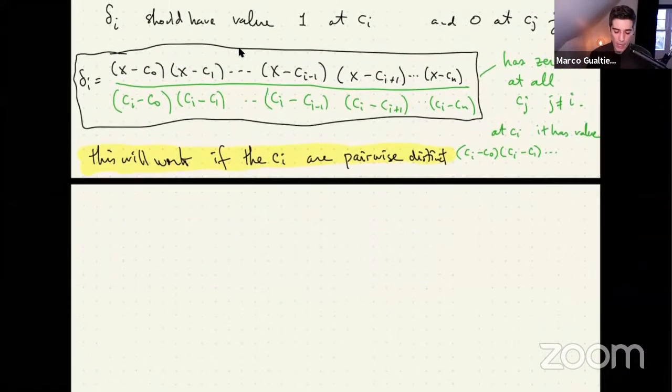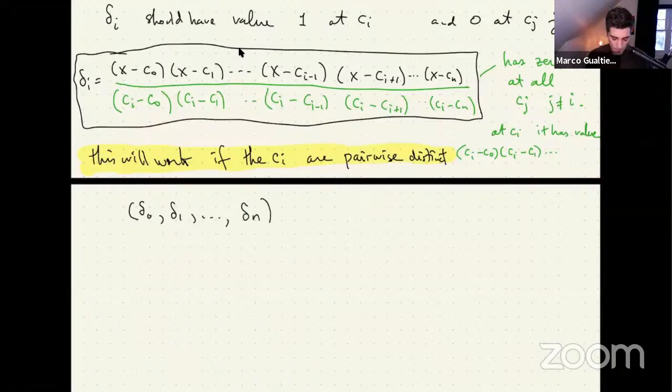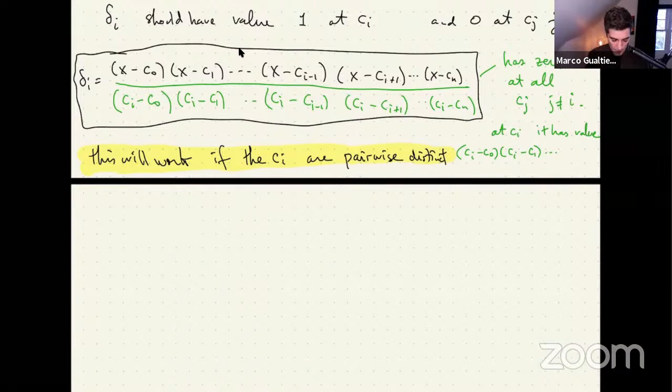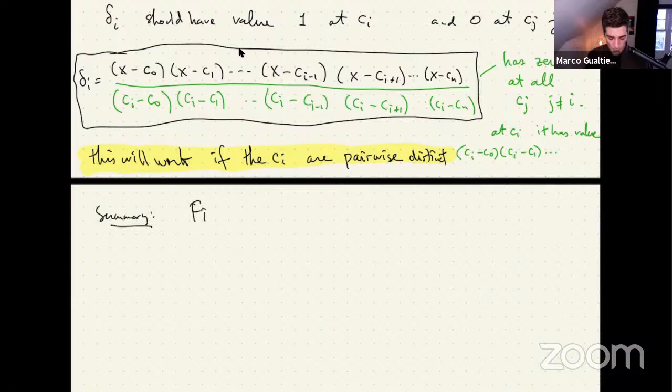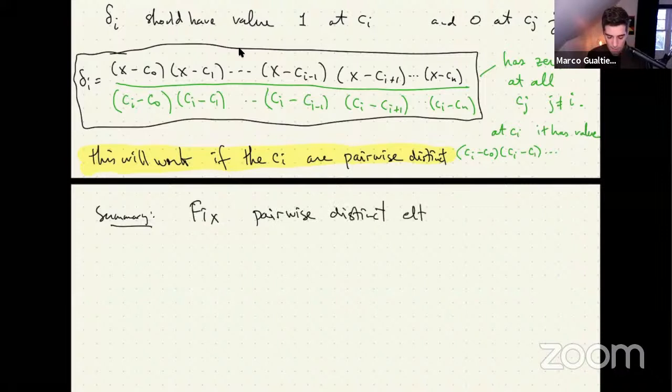Okay, so I produced now a list of polynomials. Just to review, or as a summary: we fix pairwise distinct elements of F, C0 up to Cn.